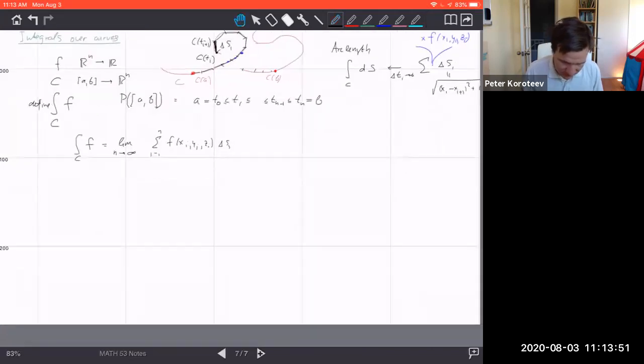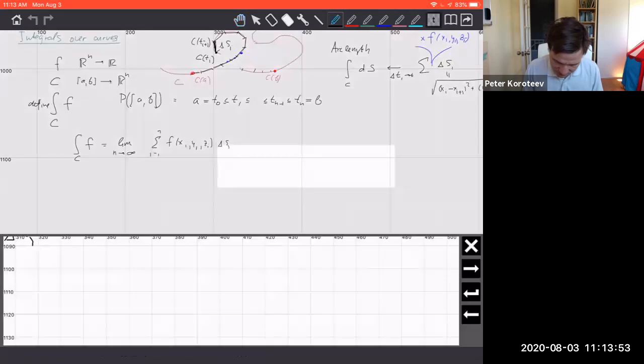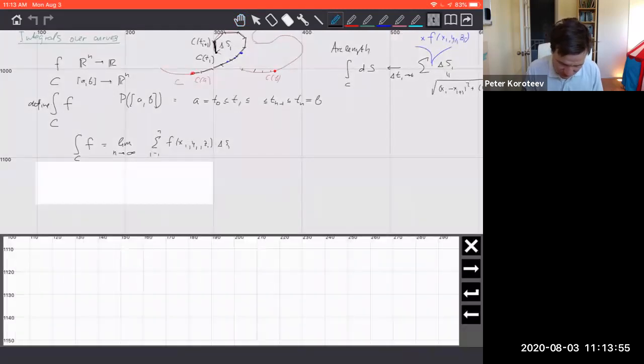But in order to do calculations, we want a working formula in terms of explicit parameterizations of the curve. Say there's a parameter t that parameterizes the curve.